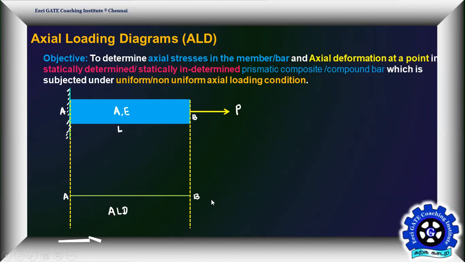First step: take the sign convention. In the axial loading diagram, the sign convention is tensile positive, compressive negative.